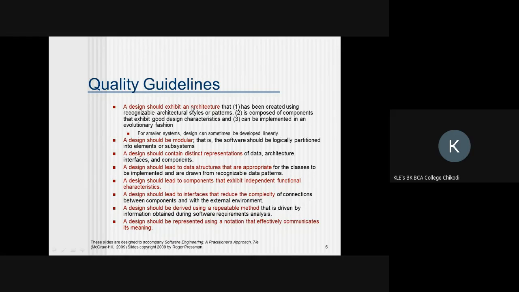It has been created using recognizable architectural styles or patterns. It is composed of components that exhibit good design characteristics, that can be implemented in an evolutionary fashion.